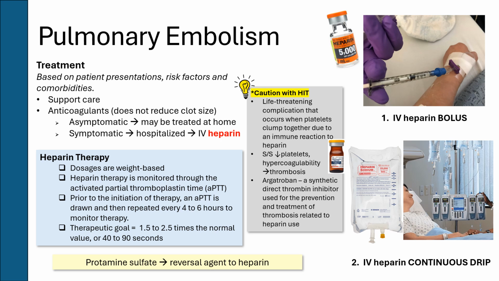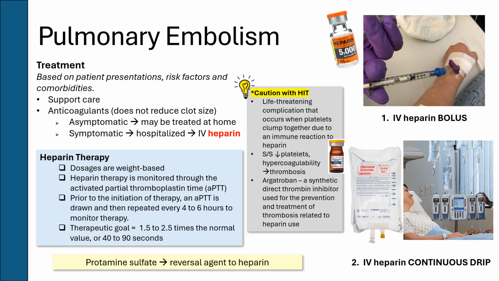So what's likely going to be ordered is argatroban. This is a type of anticoagulant, but it's not going to be heparin, because this patient still needs an anticoagulant since they're starting to make all these little clots. So that is a medication of choice for HIT.